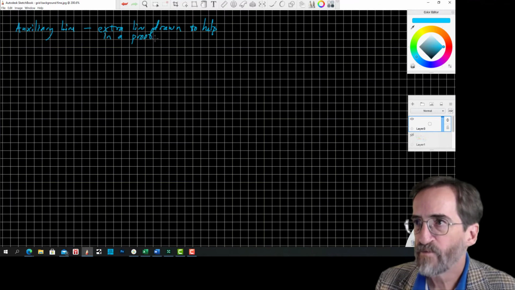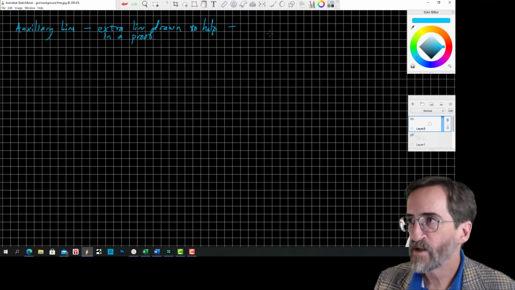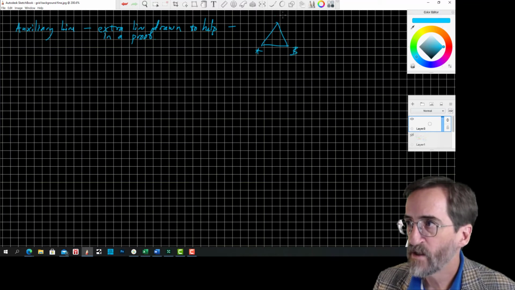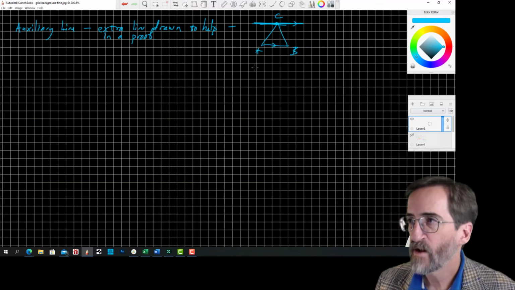So for example, the theorem that says the angles of a triangle add to 180. You can start with a triangle A, B, and C. But what's more important is you can draw a line through C that's parallel to AB, and that's an auxiliary line.